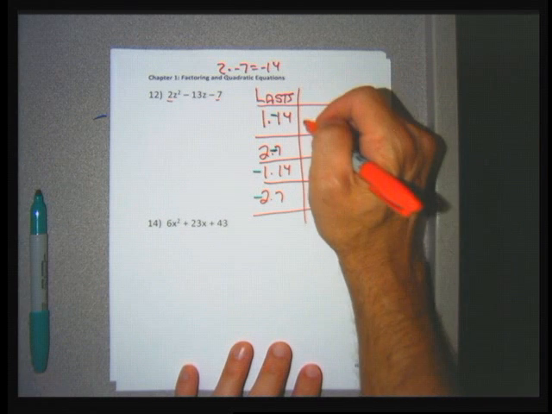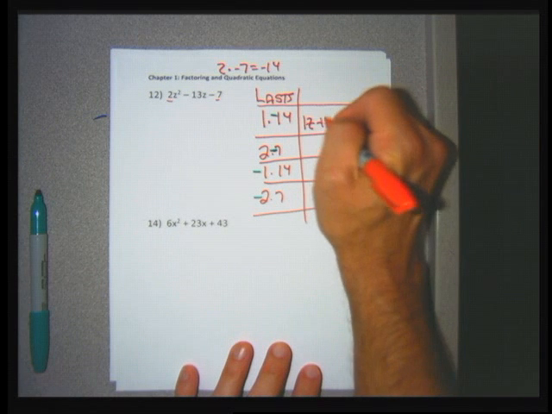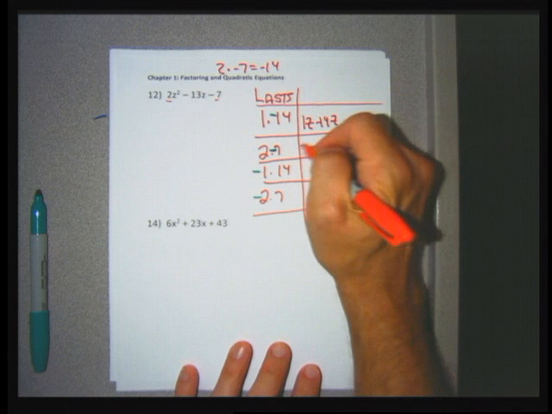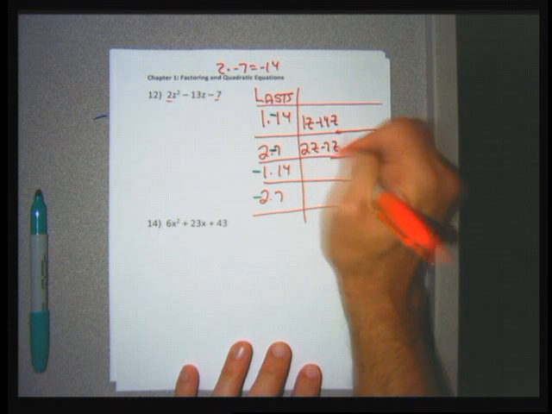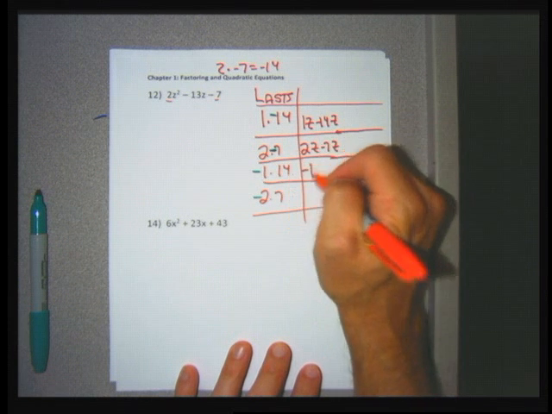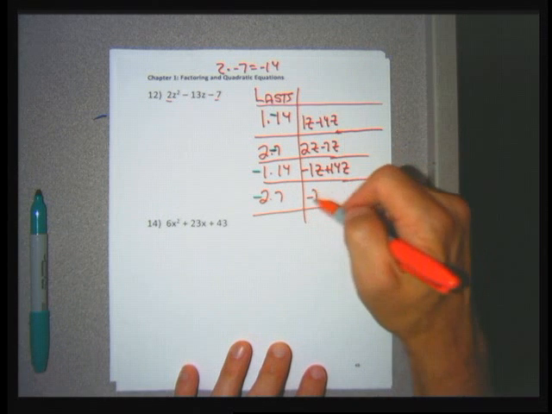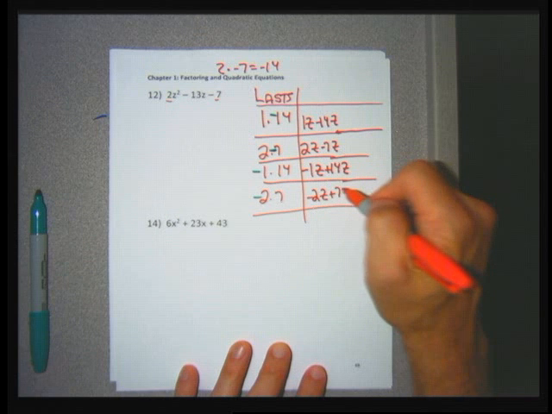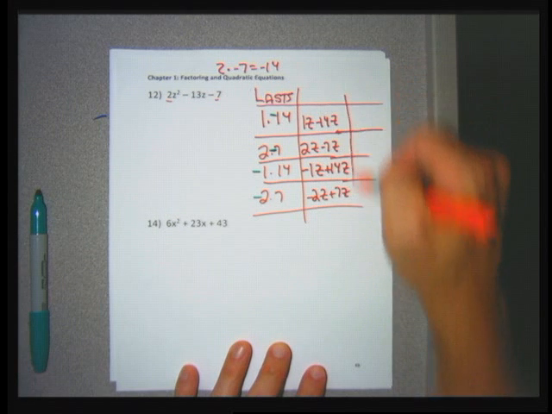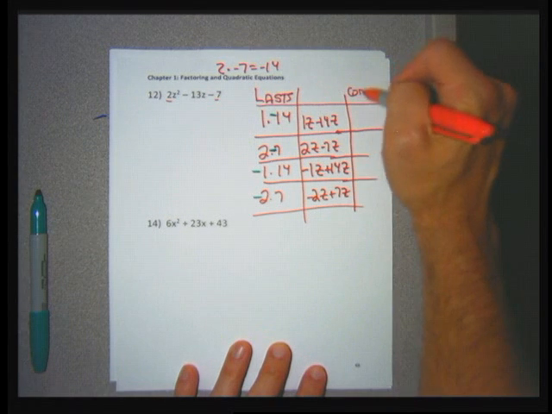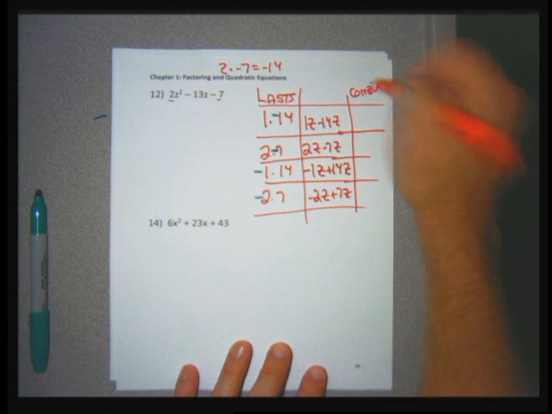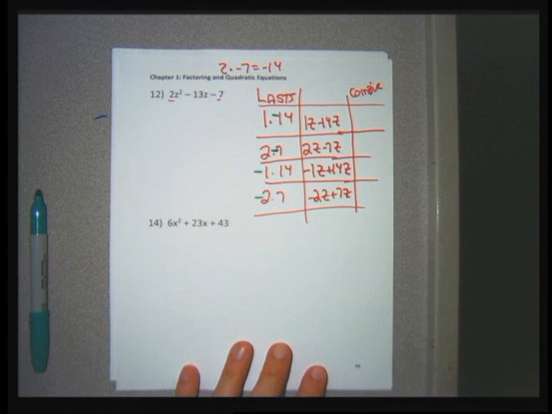So my rewrite could be 1z minus 14z, 2z minus 7z. I shouldn't try these bottom ones because they're going to give me the wrong sign. I know they're not going to work. So I should have only written the top two, but you can be inefficient and still get to the answer.